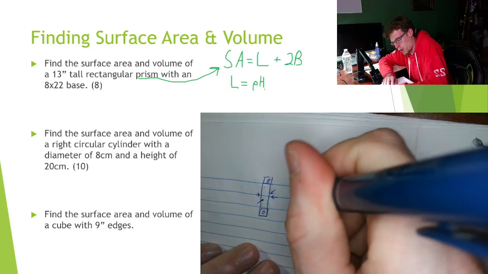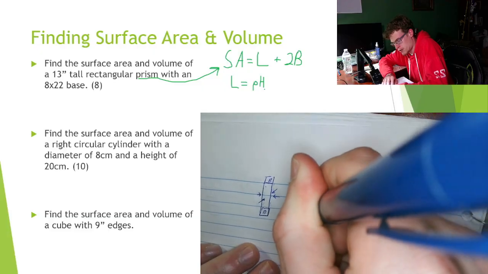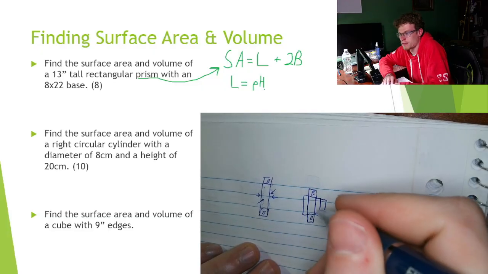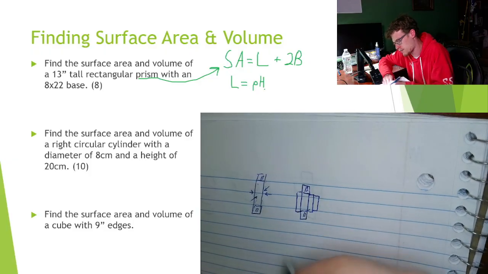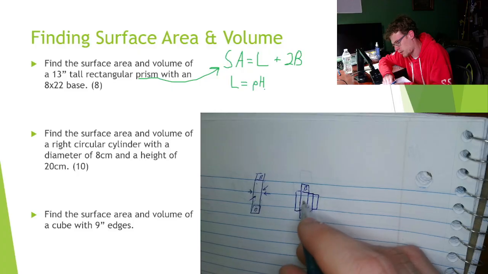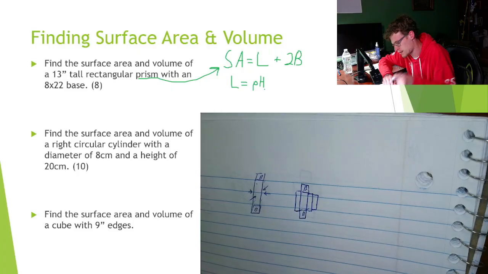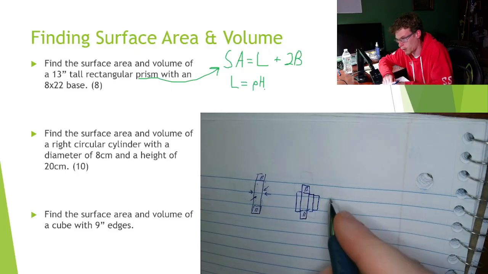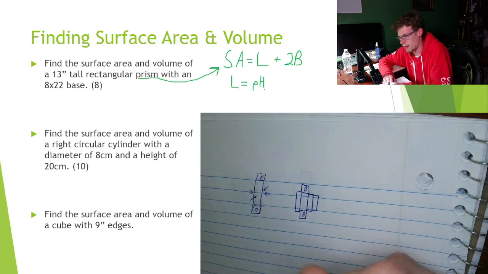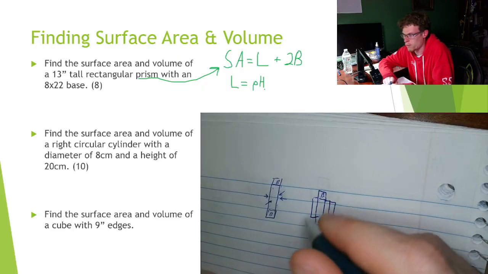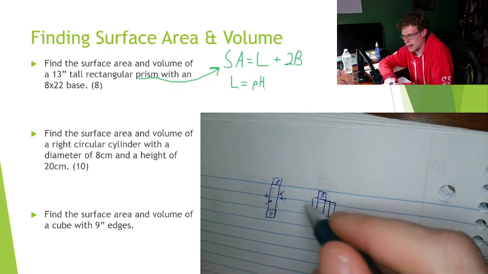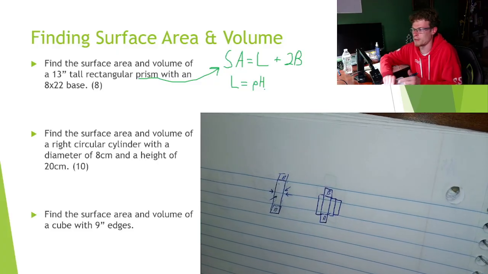But note that these are the bases when I draw this, okay, and then all of these are my lateral faces. That makes it easier if you draw it out as a net like this way, because then you can kind of, you know, come up with, oh yeah, these are the lateral faces, and you can just kind of work with all of them at once, and then the bases on top and bottom. So there's 2 ways to do it. I am going to go over the mathematical way to do it, but again, I'll kind of follow along with the net so you can kind of get an idea of what's happening here.